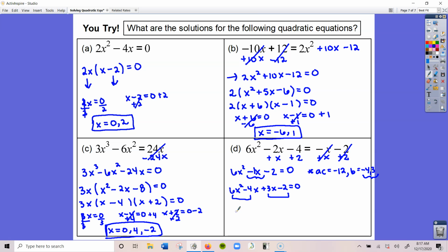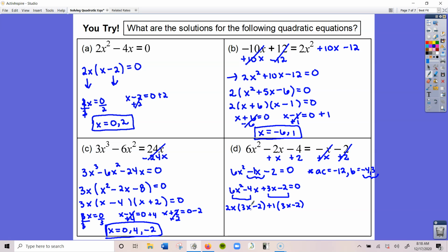Both of these terms are divisible by 2, and they both have at least one x. So if I divide 2x from each of these terms, we would have 3x minus 2 left. If you notice in the second two terms, we have 3x minus 2. There's nothing in common, so that's where we would write plus 1, and we would just copy down that 3x minus 2.